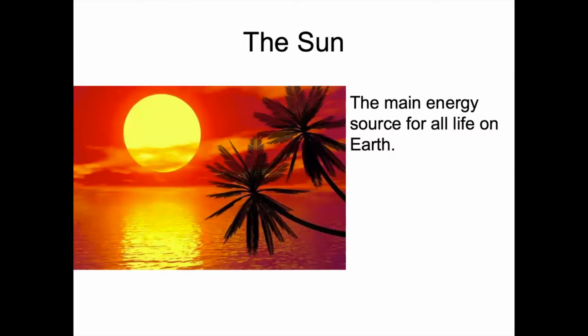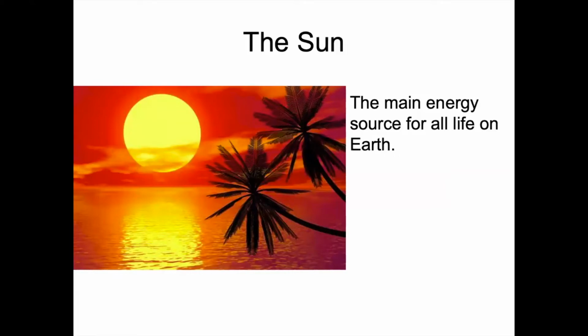And our first basic information is the sun is the main energy source for all life on this planet. The main source. Right? I mentioned in the last video that technically you could consider a rocket ship solar powered, being that the fuel got its energy when it was alive as a plant, getting energy from the sun.